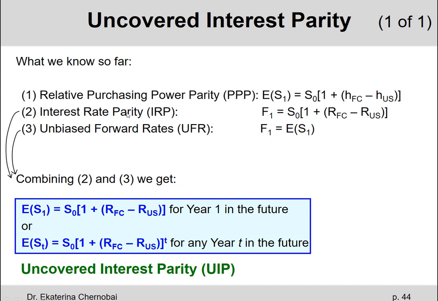So if you combine formulas 2 and 3, it will give us the so-called uncovered interest parity. Expected spot exchange rate in 1 year equals today's spot exchange rate multiplied by 1 plus the difference between the foreign countries and the US risk-free rates. So this is the uncovered interest parity.